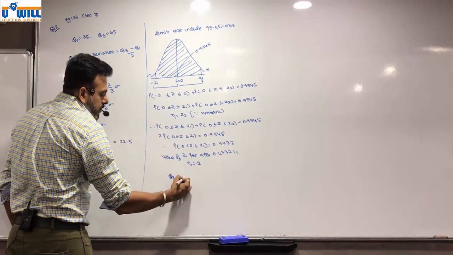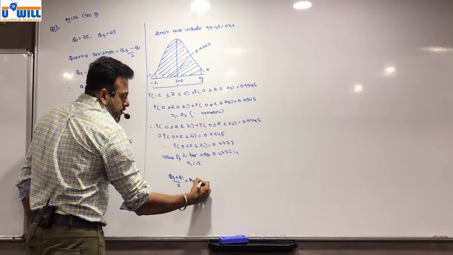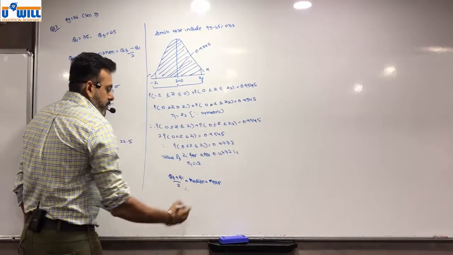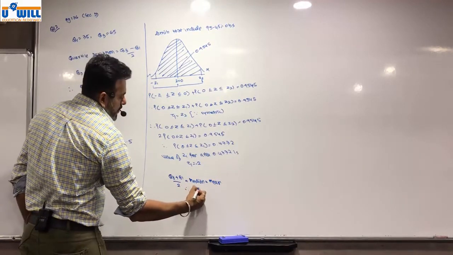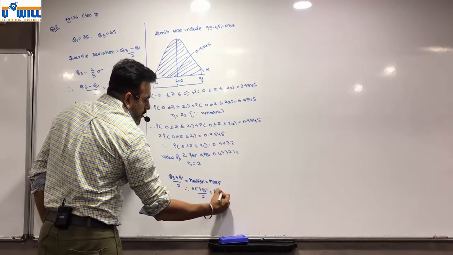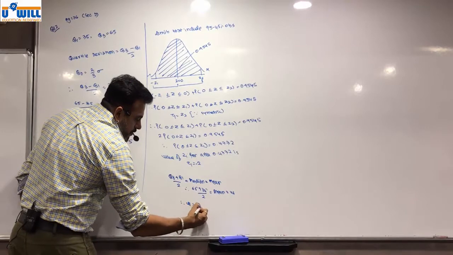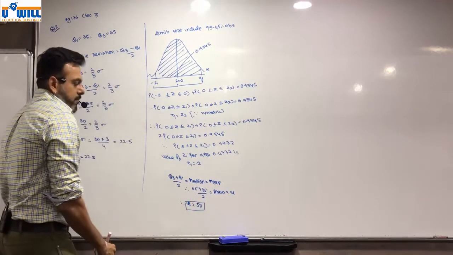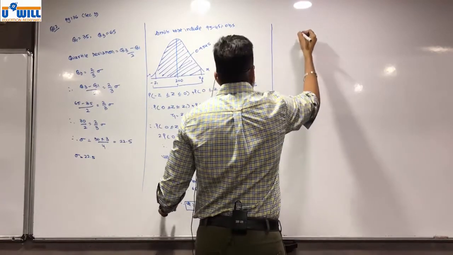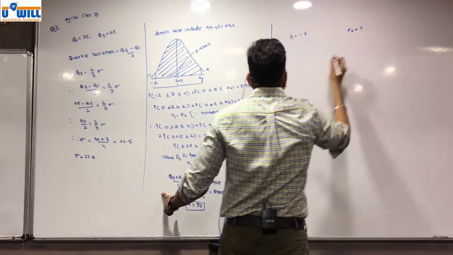Q3 plus Q1 upon 2 is equal to median equal to mean. Therefore, 65 plus 35 by 2 is equal to mean is equal to mu. Therefore, mu is equal to 50. Let's use this. Z1 is equal to minus 2. Z2 is equal to plus 2.